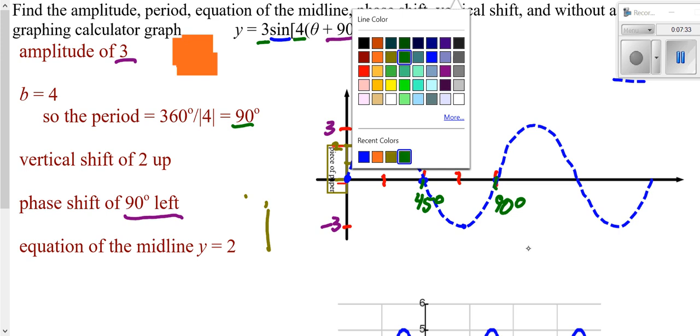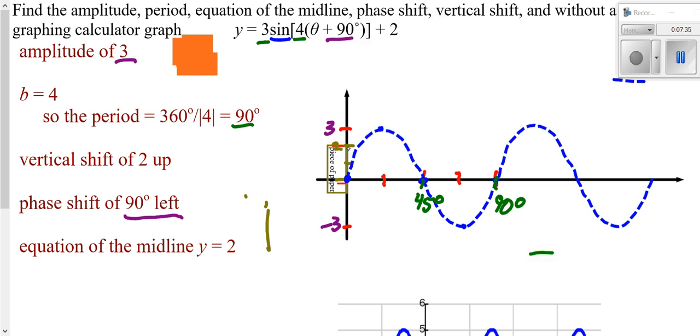We'll go up here. So I've got to mark something 2 units up here. Then I move my piece of paper to the next key point, and mark that 2 units straight up from there. Then I move it to my next key point where I cross, and mark it 2 units up from there.